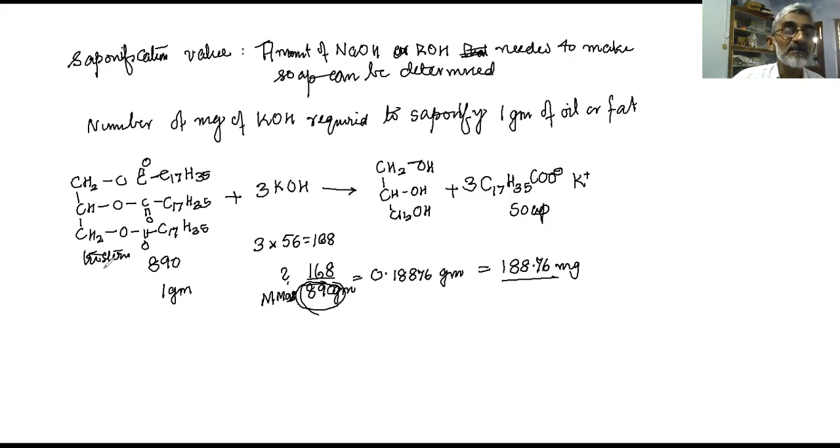It can be stearic acid, oleic acid, palmitic acid, or a mixture of all three. That is why you have to find the saponification value every time, for each sample of the oil. You cannot calculate it directly; the calculation is based on this assumption. If you know the molecular weight, you can calculate it. That is why you have to do the experiment.